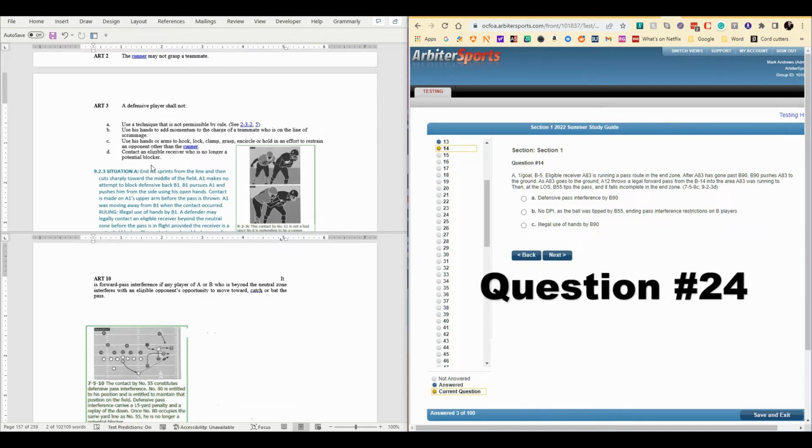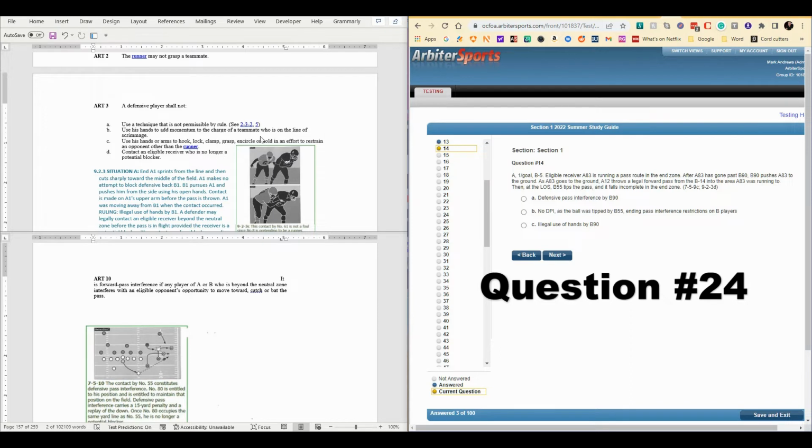So if we look at 9-3-D, it says a defensive player shall not contact an eligible receiver who is no longer a potential blocker. And so that is an illegal use of hands foul. It's 10 yards.